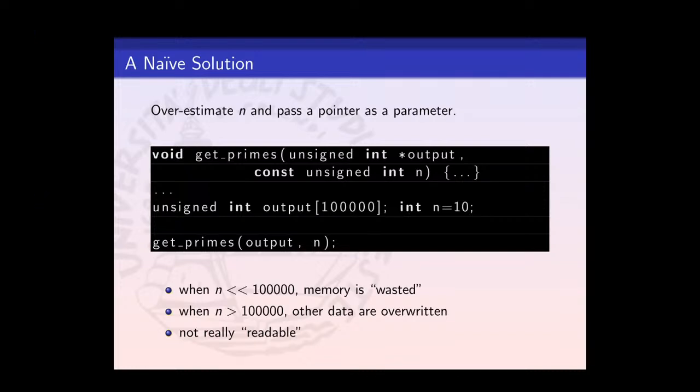Okay? Can you follow me? So in this way, basically, inside the function get primes, I'm able to change the content of the output array.